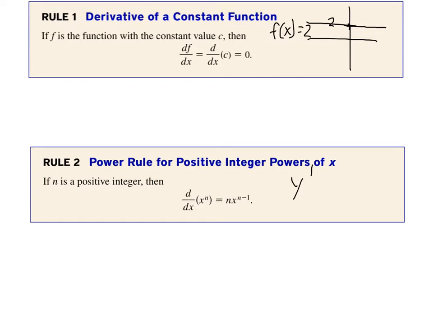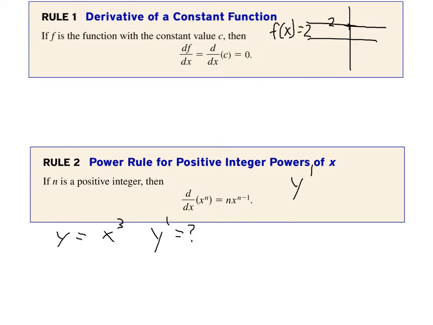Let's say, for example, if y equals something simple, x cubed, what is the derivative? They might say, what is y prime? Okay, if we use the power rule here, you take the power and it goes down in front.